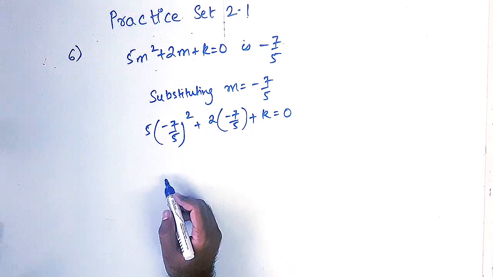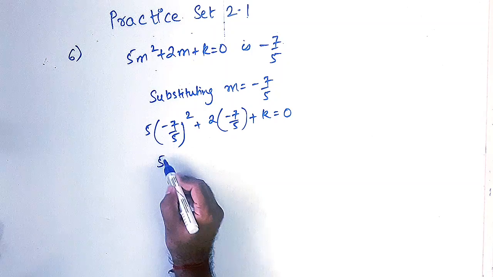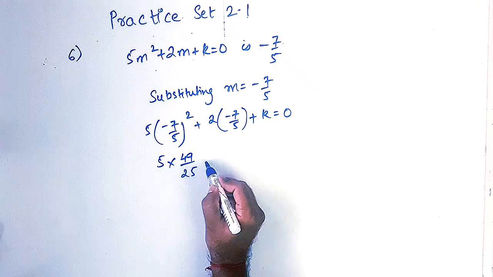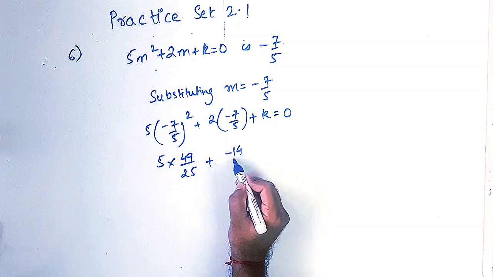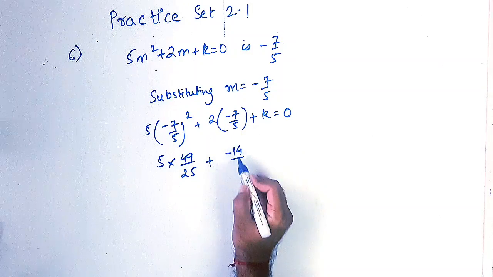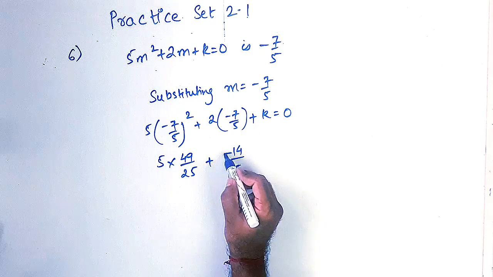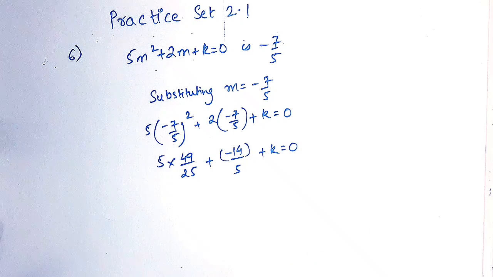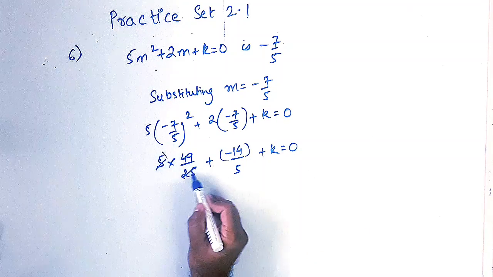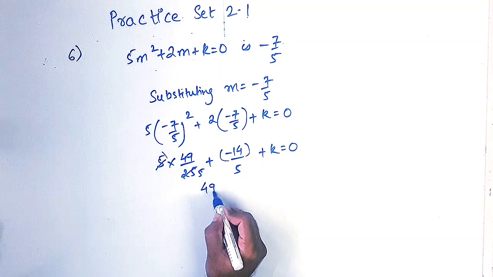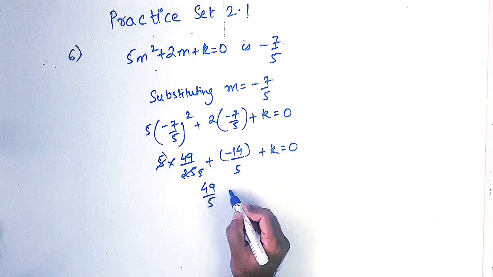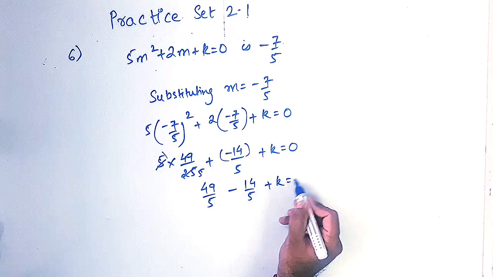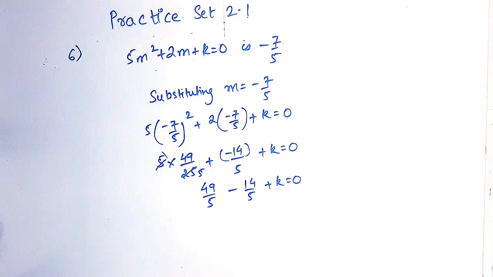So this will be 5 into 49 upon 25, plus 2 sevens are 14, minus 14 upon 5, plus k equals to 0. Now this becomes 5 ones are 5, 5 5s are 25, so 49 upon 5 minus 14 by 5 plus k equals to 0.